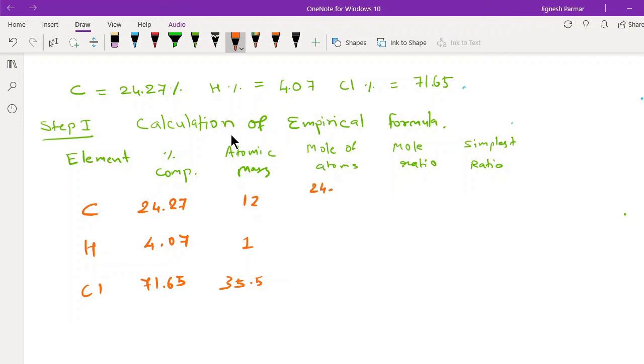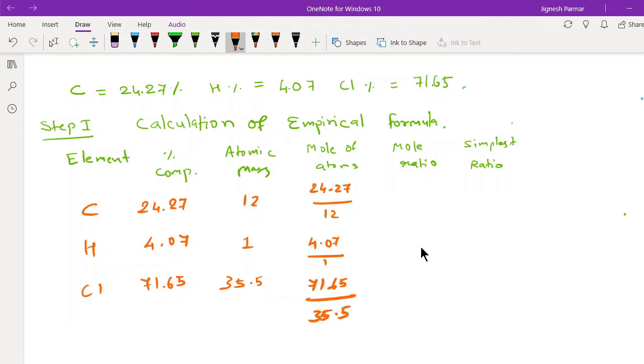It means 24.27 divided by 12, 4.07 divided by 1, and 71.65 divided by 35.5.